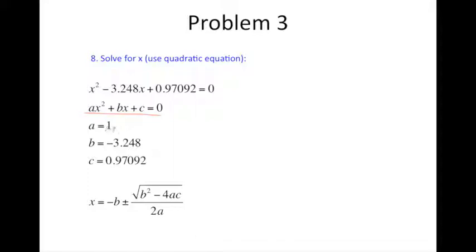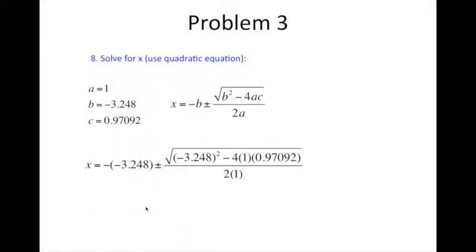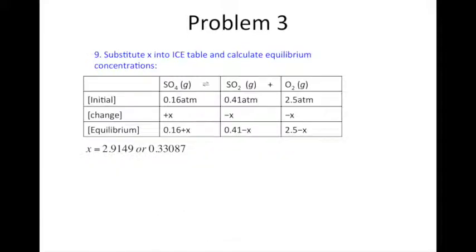Our a is going to equal 1, our b is negative 3.248, and our c value is positive 0.97092. So let's plug those values into our quadratic, and then we solve for x, and we get 2 values for x. Only one of those can be correct. So let's plug our x values into our ICE table.